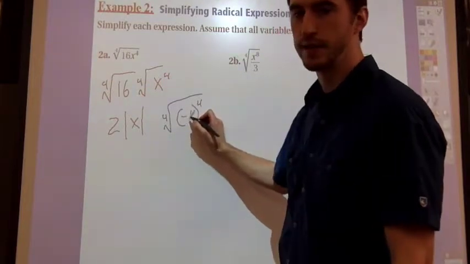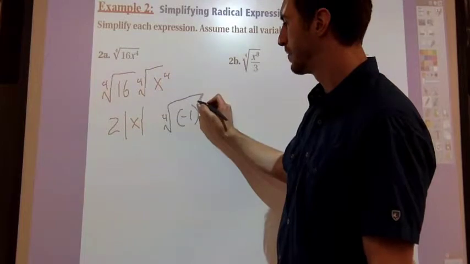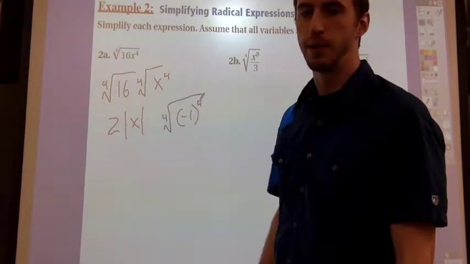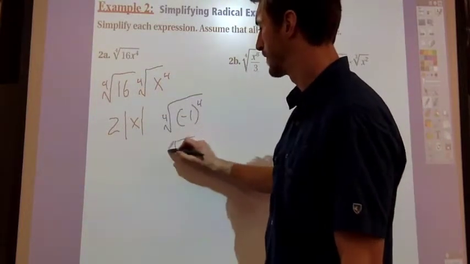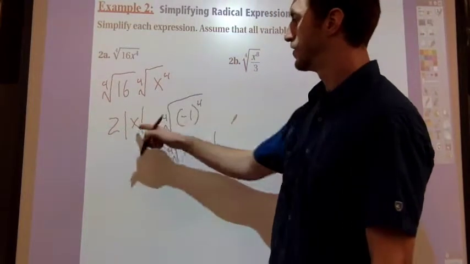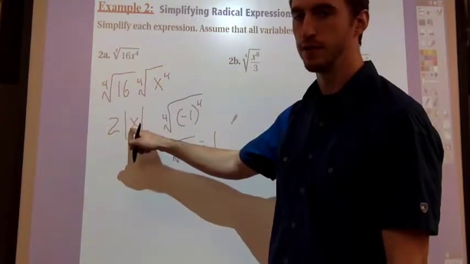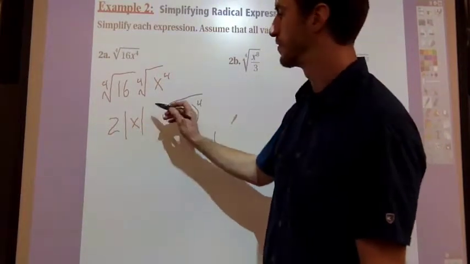That's going to be -1 times -1 times -1 times -1. So that's going to evaluate to a positive 1. Okay, and you take the 4th root of positive 1, it's going to be 1. So even if you plug in a negative number, the answer is going to be positive. So this would already be absolute value.